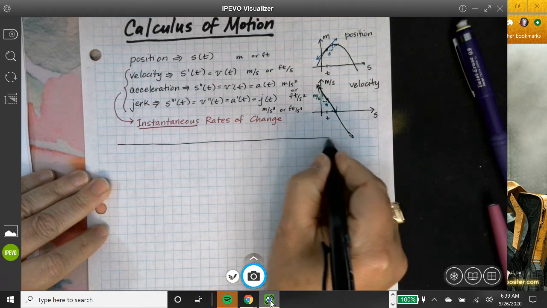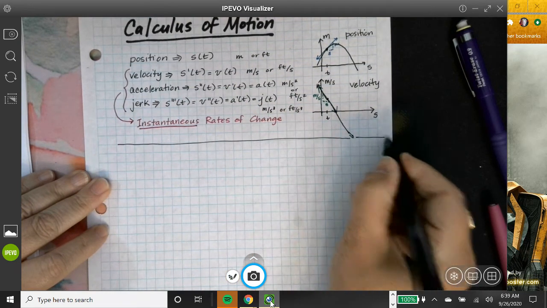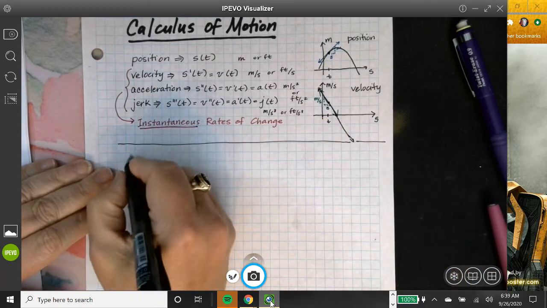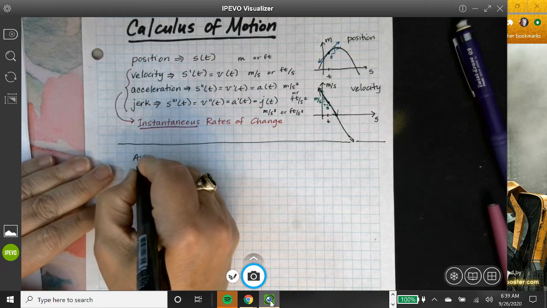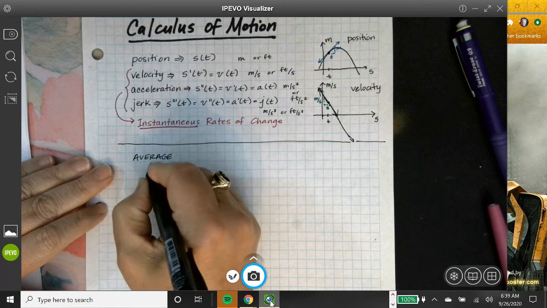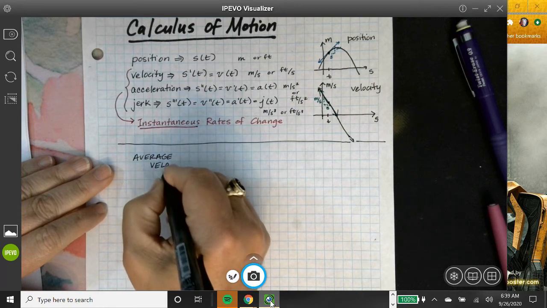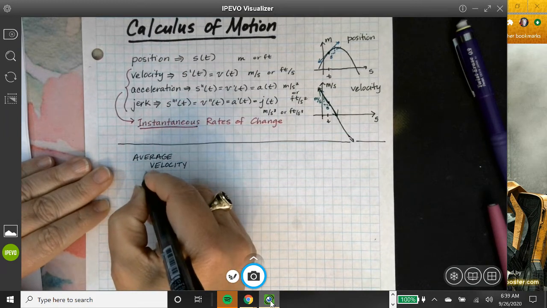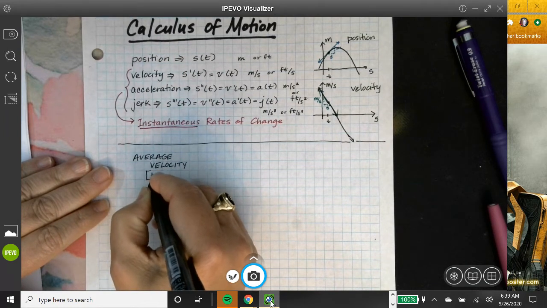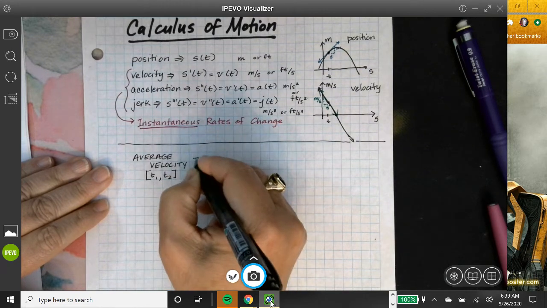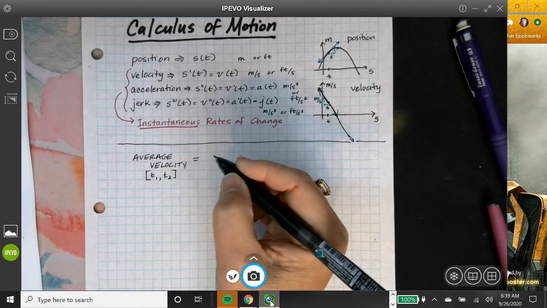in calculus, and it's called the average rate of change. Now, the average rate of change, for example, if we want to find the average velocity of a function between 2 points in time, well, that's just something we're really familiar with.